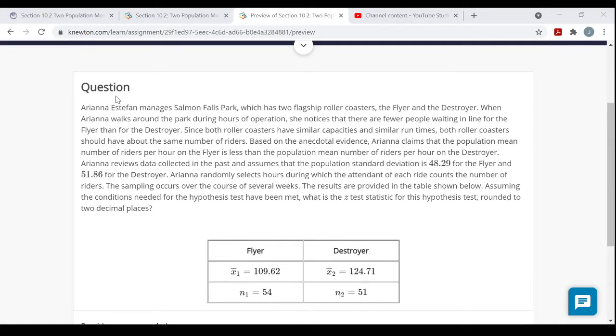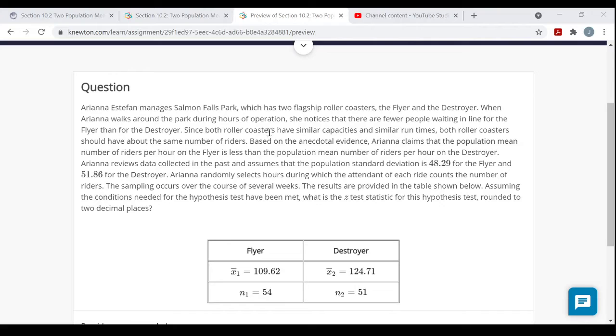So here we have Ariana Estefan, who manages Salmon Falls Park, which has two flagship roller coasters, the Flyer and the Destroyer. When Ariana walks around the park during hours of operation, she notices that there are fewer people waiting in line for the Flyer than for the Destroyer.